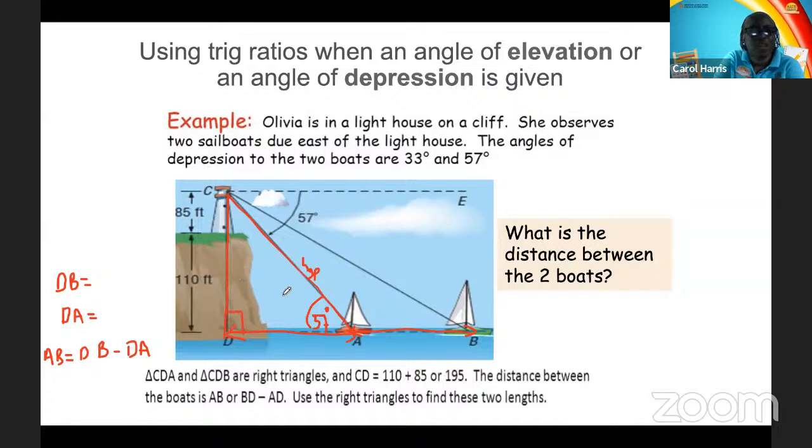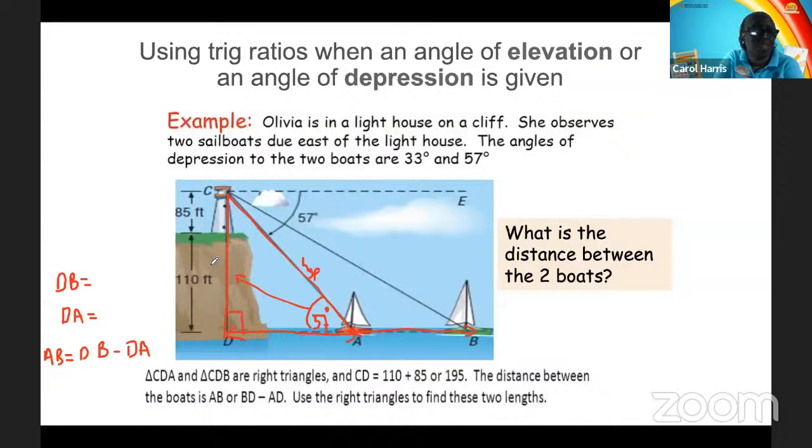So when you say opposite from the hypotenuse, what is opposite to the hypotenuse? It's an angle. Whatever is opposite to the hypotenuse is an angle, but what is opposite to the 57 degrees now would be CD.